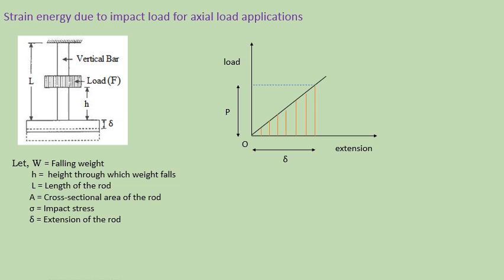So let capital W be the falling weight, and small h the height through which the weight falls. Capital L is the length of the rod. A is the cross sectional area of the rod. Sigma is the impact stress, and delta is the extension of the rod.